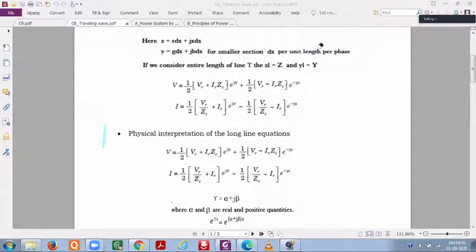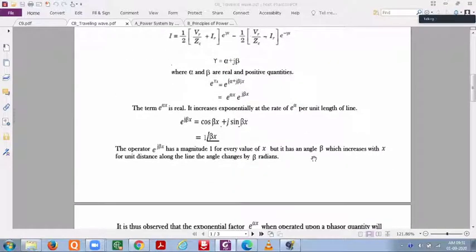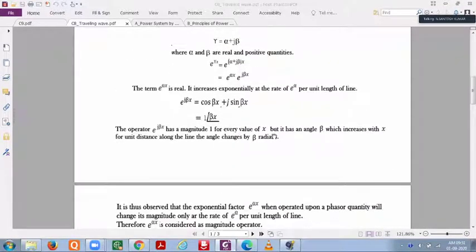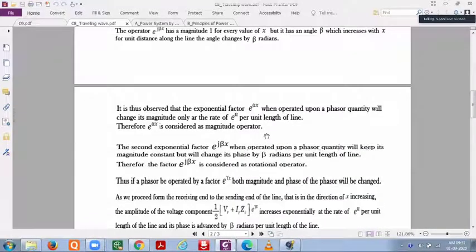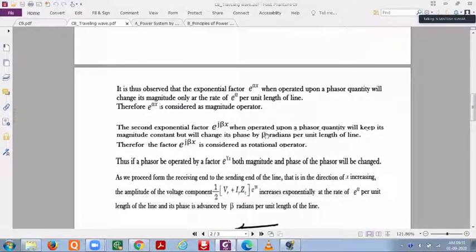So we have seen the equations and we have discussed all these things. I have just given you the conclusion points. Again, I'm not going into the derivation because we already did that in the last class. We need to see the other concepts related to this traveling wave, so just before starting that, it's like a recap.